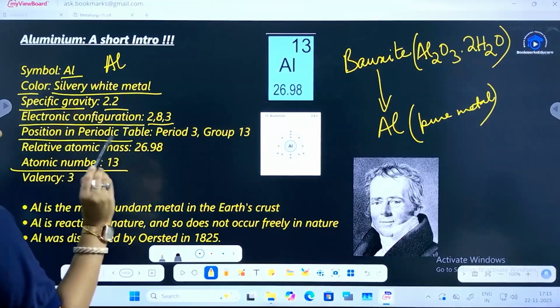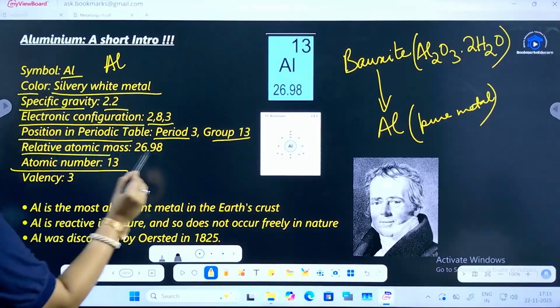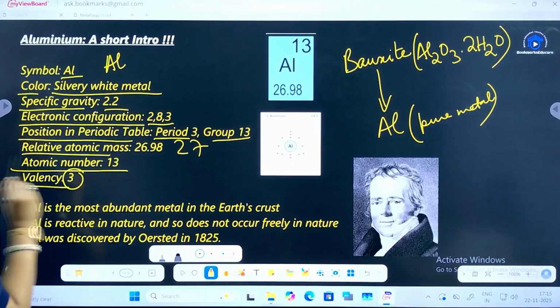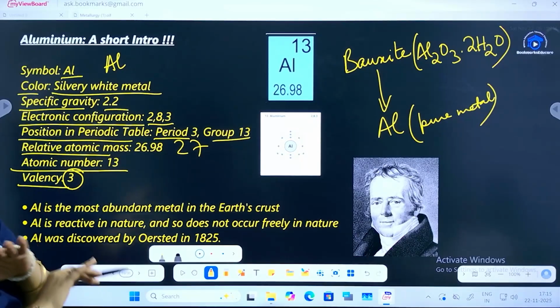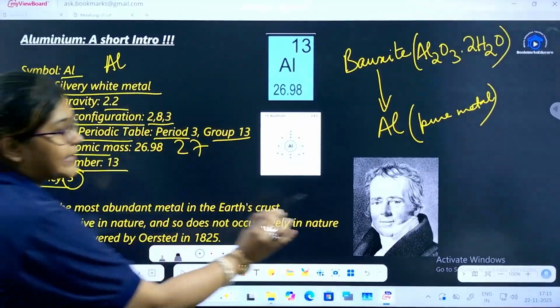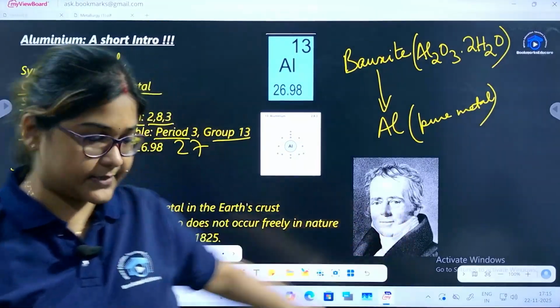Its position in the periodic table is period 3, group 13. Its relative atomic mass is approximately 27 and its valency is 3. It is the most abundant metal in the Earth's crust. It is reactive in nature, therefore it does not occur in the free state, and it was discovered in 1825 by Ørsted.